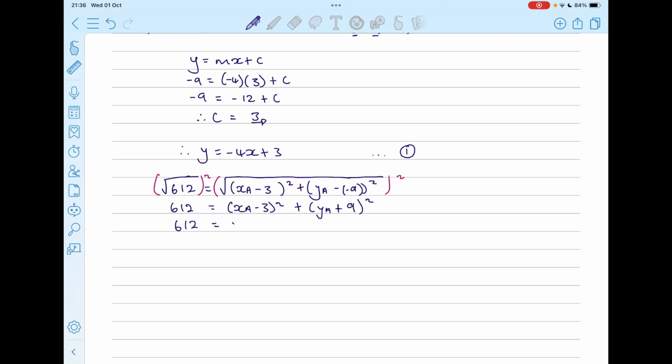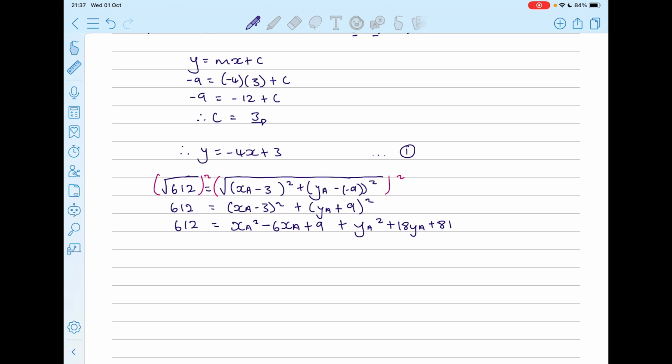So 612 is x_A squared minus, well, minus 3 becomes minus 6 x_A, and plus 9. And then the second bracket, this is y_A squared plus 18 y_A, and then this is 9 times 9, which is 81.